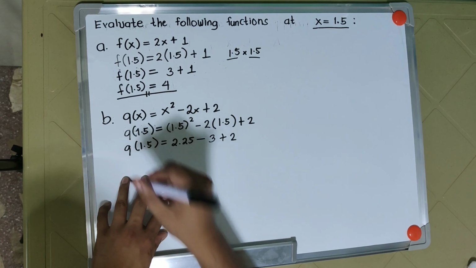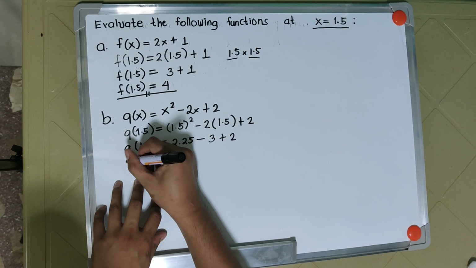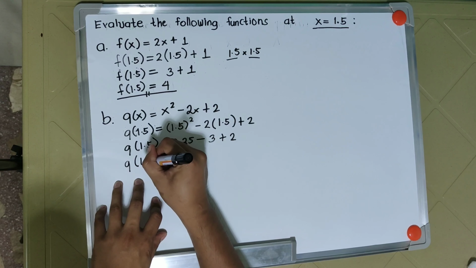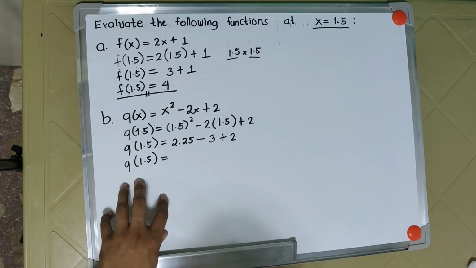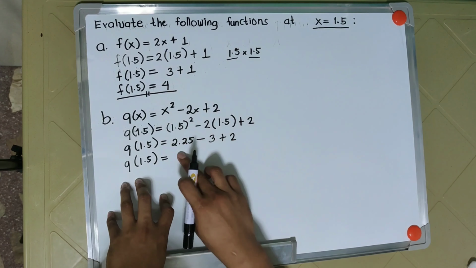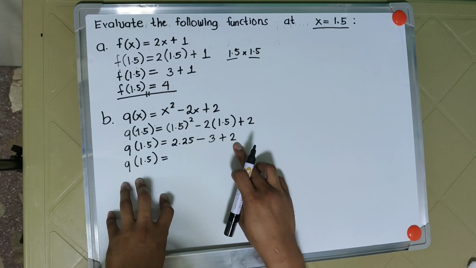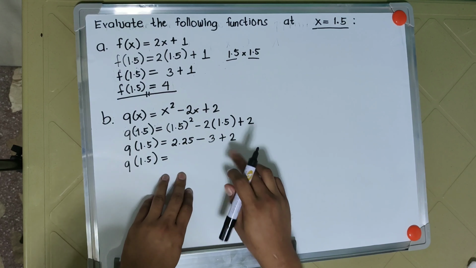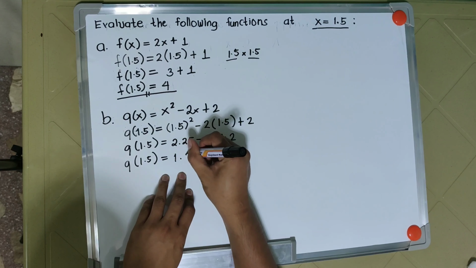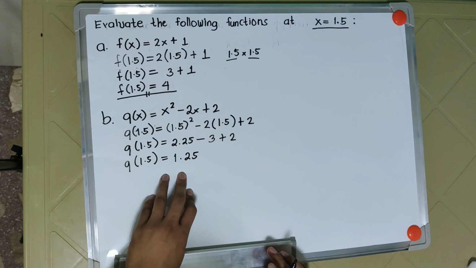So, let's start. Again, let's simplify next. So, Q of 1.5 is equal to, yan, you have to simplify it first. There are so many ways in simplifying this number. 2.25 plus 2, that is 4.25. Minus 3, that is 1.25. Okay?